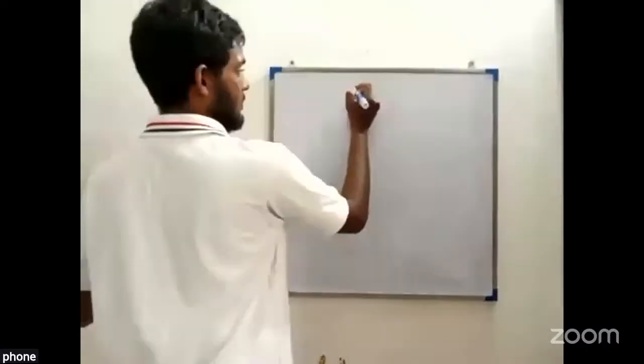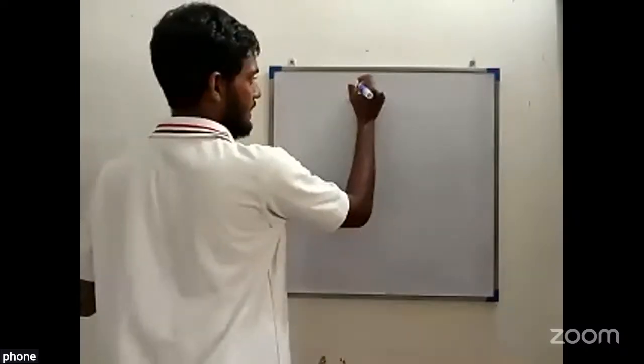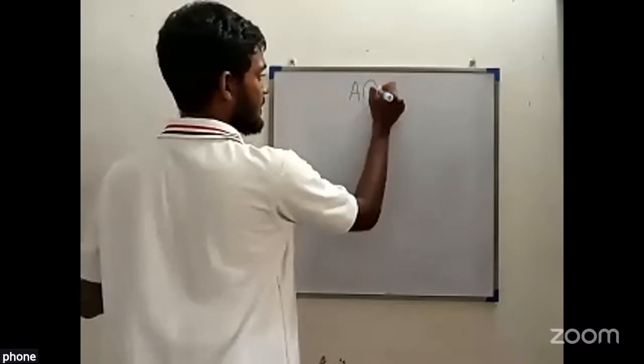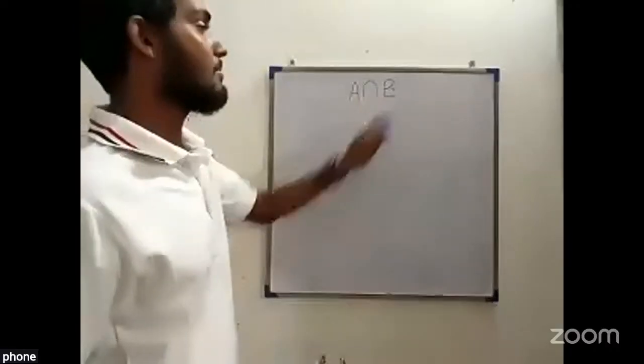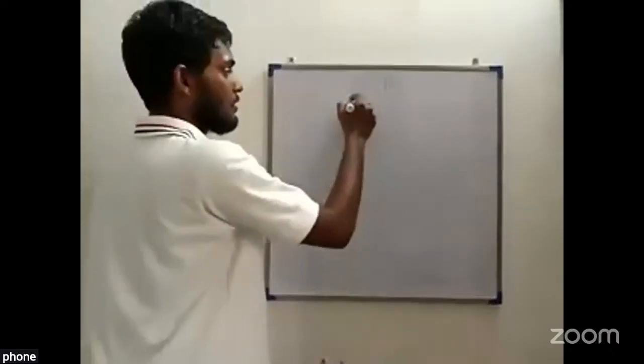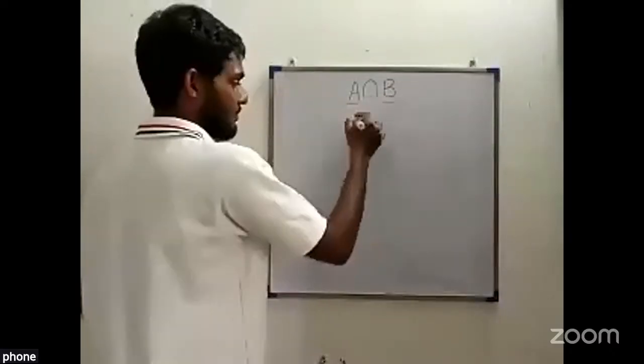So they say to shade the region A intersecting B. There are two sets, A and B. So we draw them.